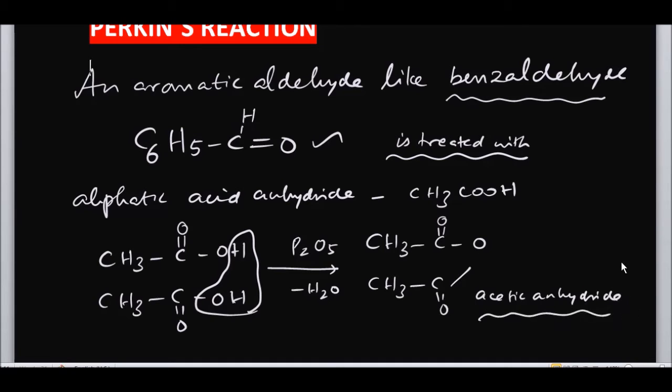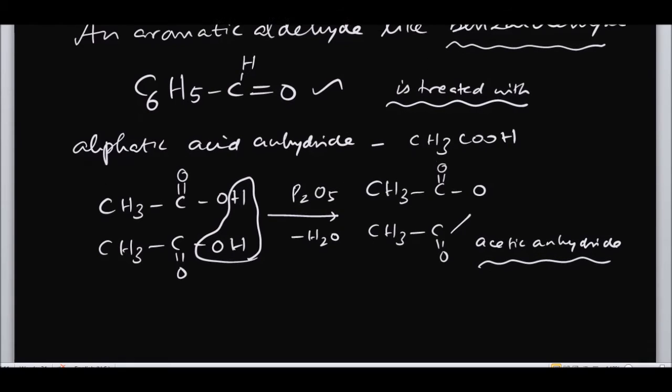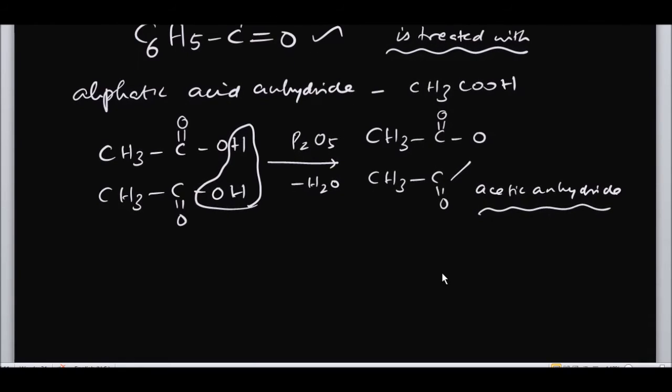Now in the Perkin reaction, benzaldehyde should be treated with an anhydride like acetic anhydride in the presence of the sodium salt of the same acid, the sodium salt of acetic acid.